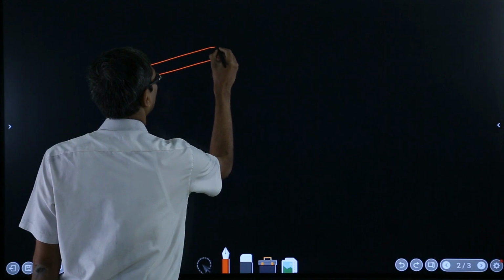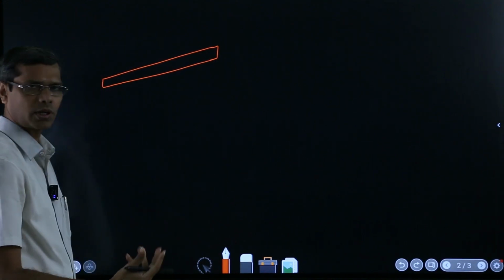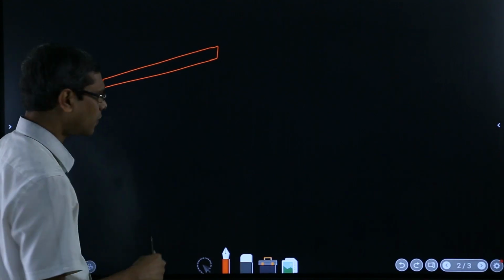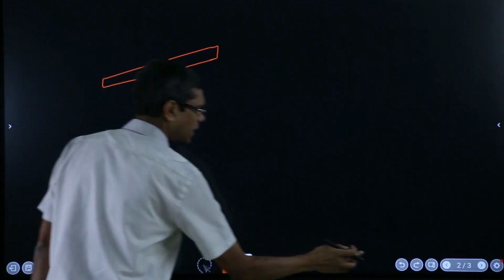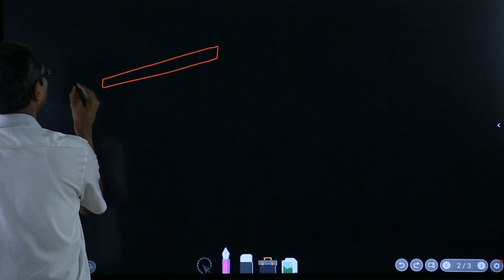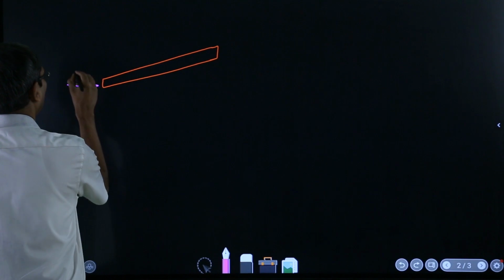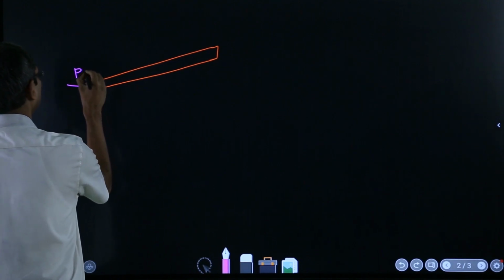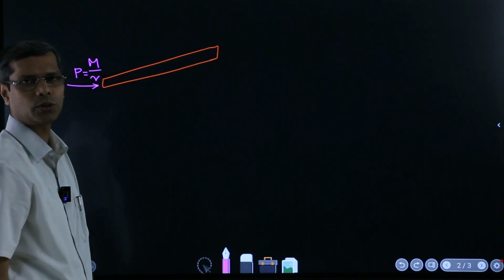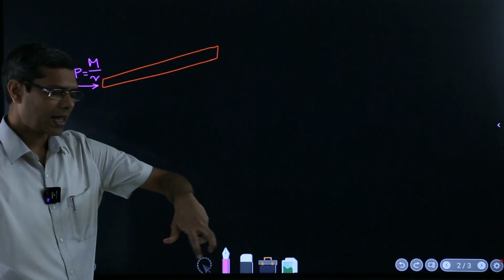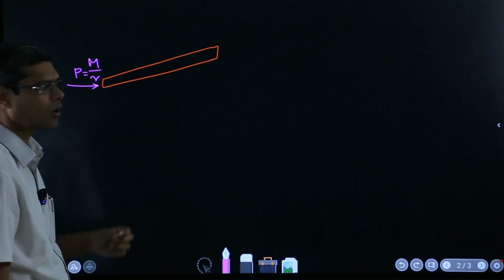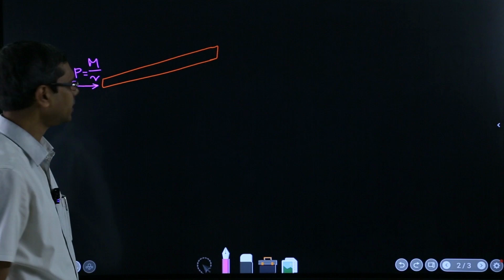Okay, so the unwrapped segment, this is a single revolution of the thread we have now unwrapped, and you can think that you are applying a force P which is nothing but M over R. Okay, means applying a torque of M is like applying a push of M over R, right?